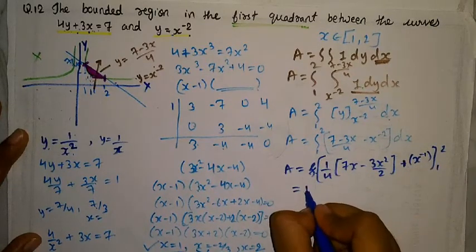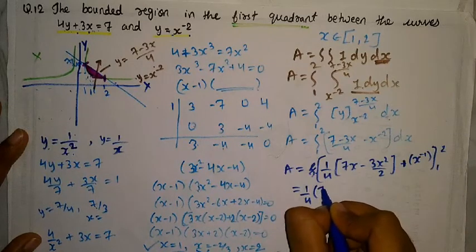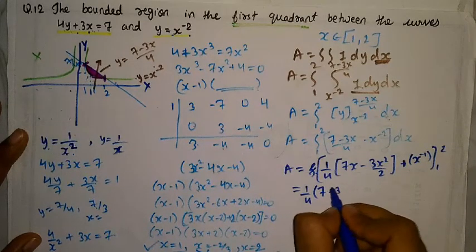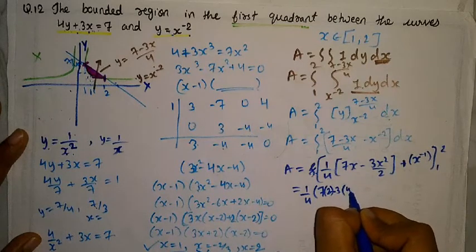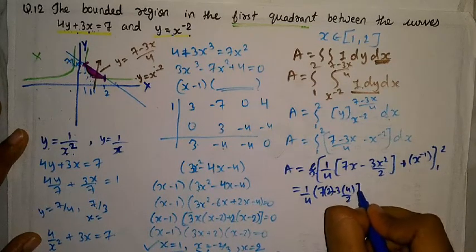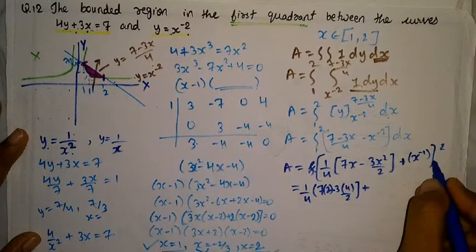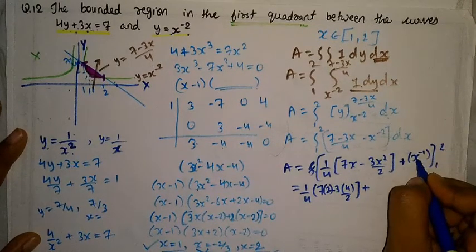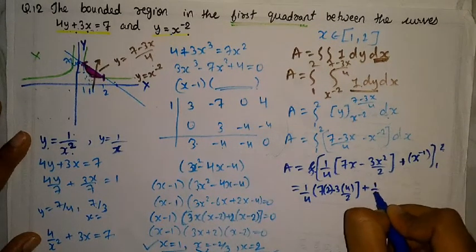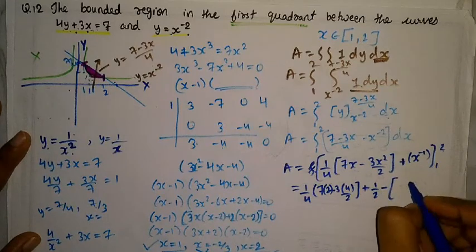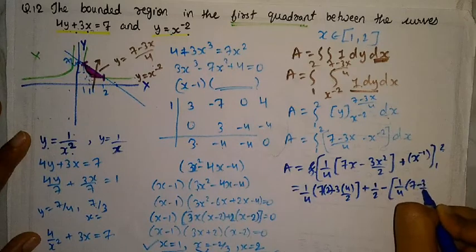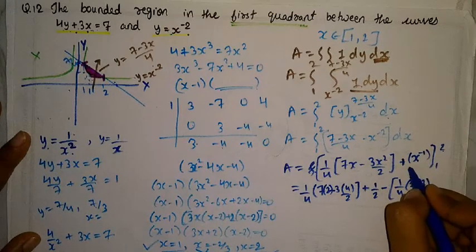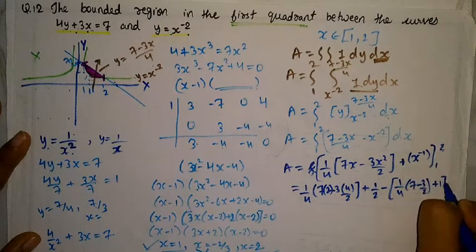Now put the limit. When we put the limit, 7 into 2 minus 3 into 4 by 2 plus, when we put here 2, it's 2 inverse, that is 1 upon 2, minus, put the limit 1, so we will get 7 minus 3 by 2 and here it will be 1 plus 1.